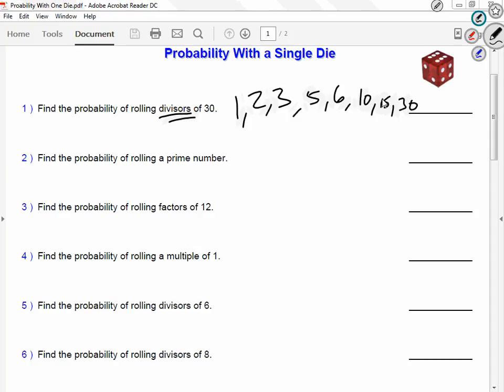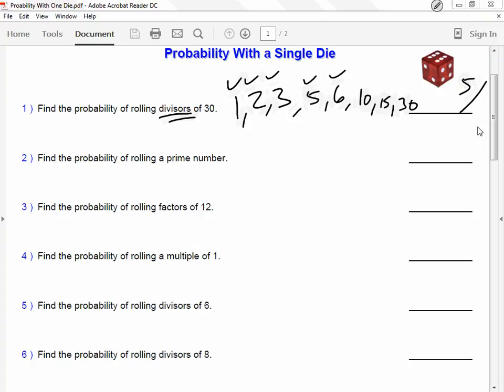Now my question is, find the probability of rolling a divisor of 30 from your die. So you have your die. How many of these numbers appear on the die? 5 of them, and the numbers are 1, 2, 3, 5, and 6. So I'm going to put 5 on top.